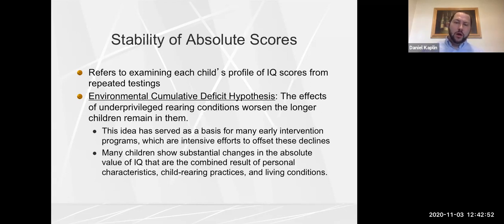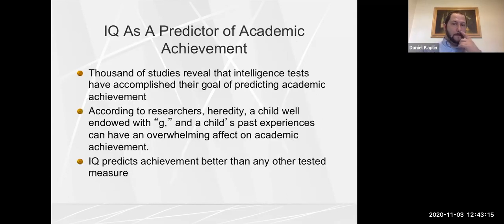So the longer you are in an underprivileged situation, the worse the IQ is, and the less stable IQ can be. So it's important to understand not just what's happening inside a person or an organism, but think about the environment as well.